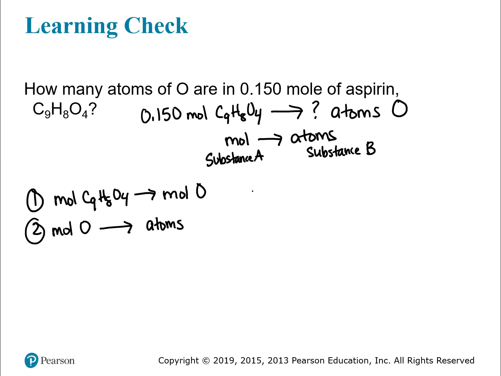For the first part of the equation, we have to write conversion factors from the formula for aspirin. There are 4 moles of oxygen for every 1 mole of aspirin. And again, we get that because of that 4 there.